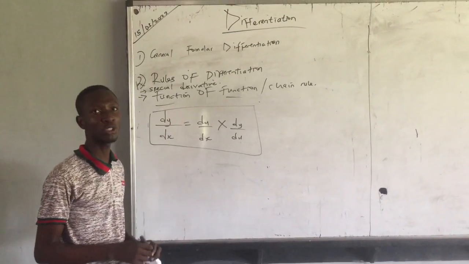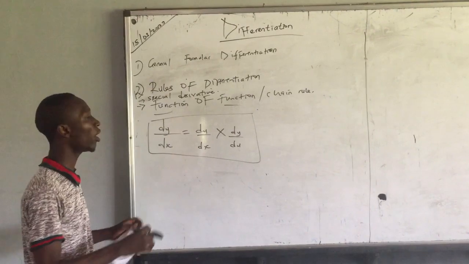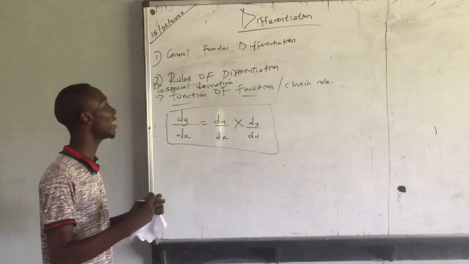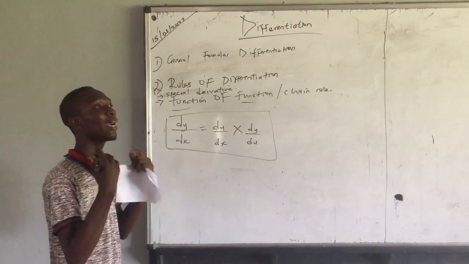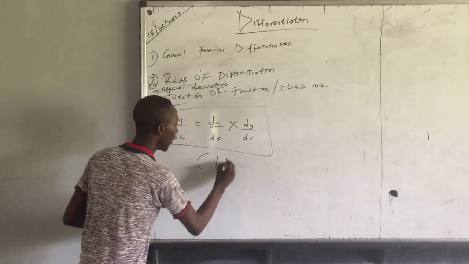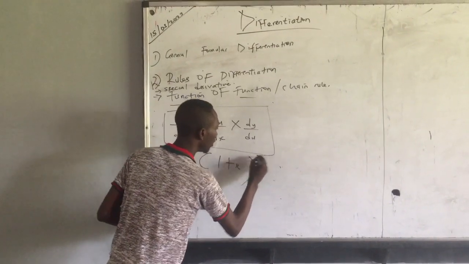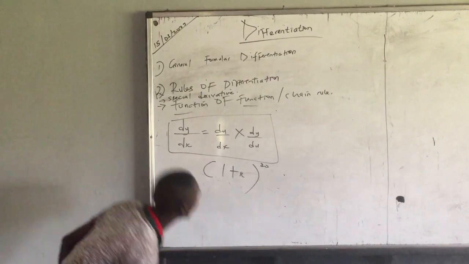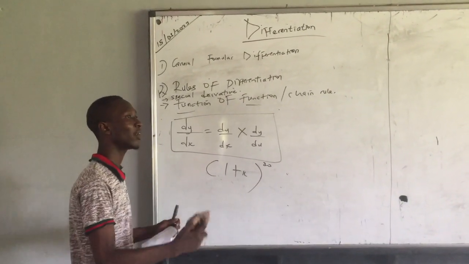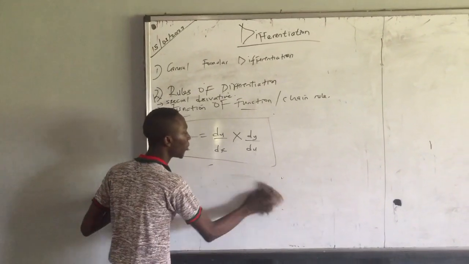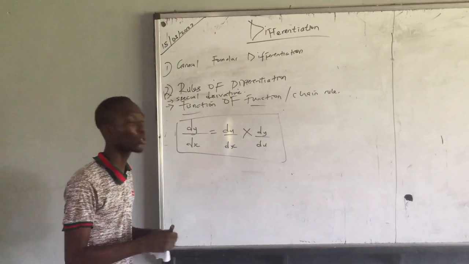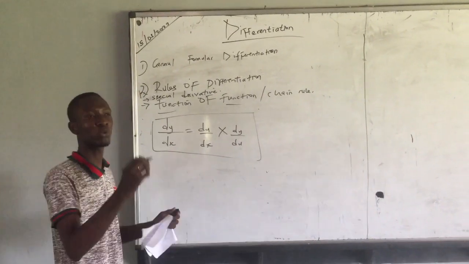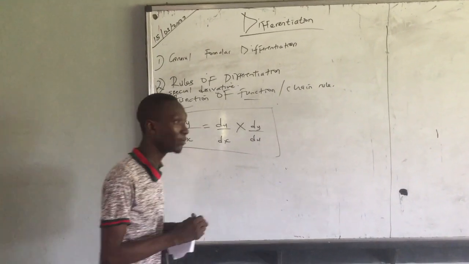We apply function of function or chain rule to equations in brackets that have a higher power, like for instance, 1 plus x raised to 20. We use it to differentiate equations in brackets raised to a higher degree of power, and also equations having roots.